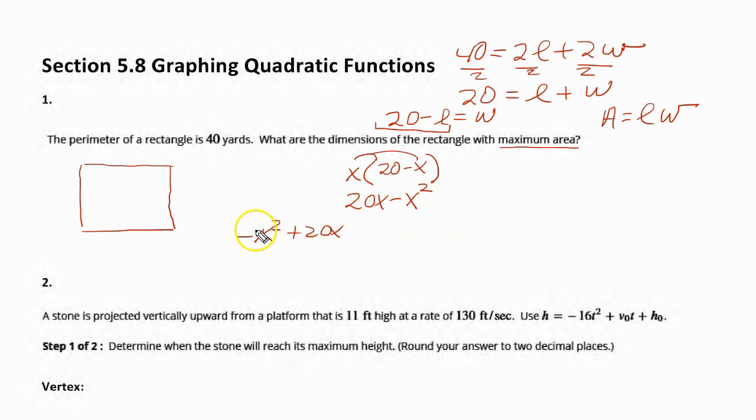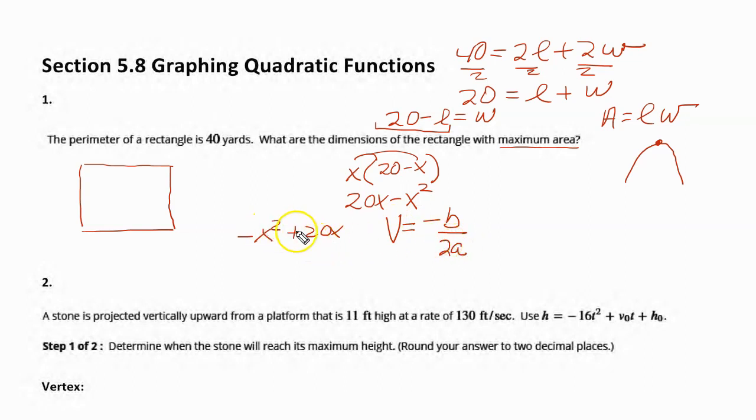Because our a value is -1, we know this is going to be a parabola that opens downward. And we're looking for the vertex, which is the maximum. So our formula for vertex, and it's good to write these again to get the practice, is -b over 2a.